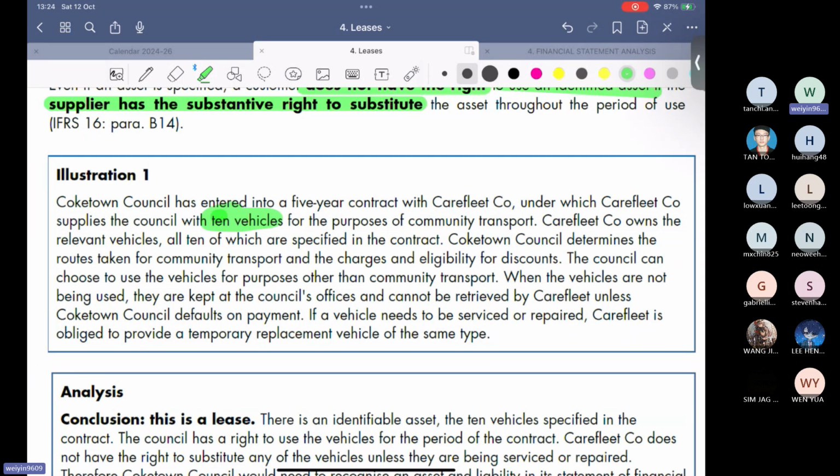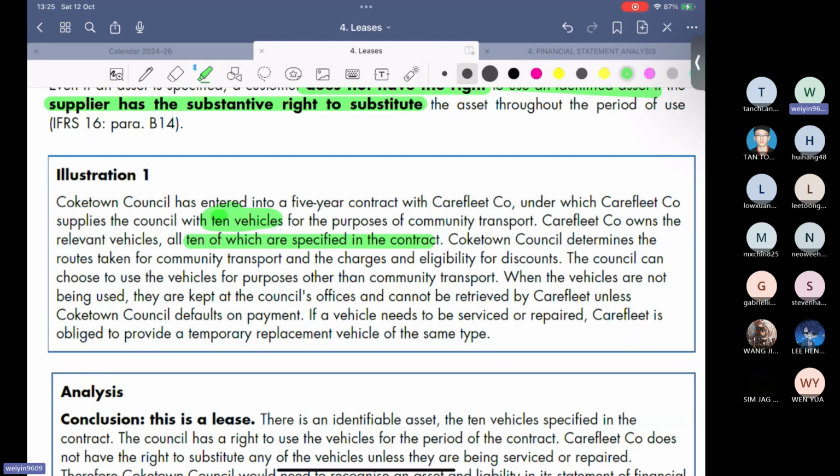So our DBKL enters into a contract with a company to use the 10 vehicles for the purpose of community transport. And Clarfeet owns the relevant vehicles, and all 10 are specified in the contract.